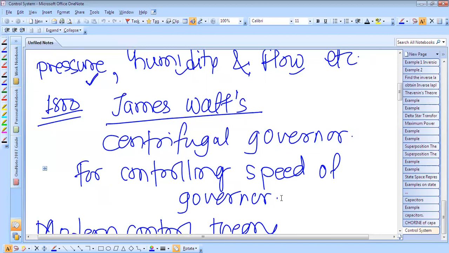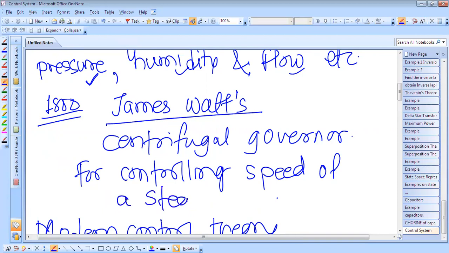The centrifugal governor was for controlling the speed of the steam engine in the 18th century.